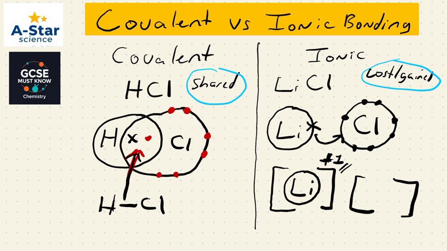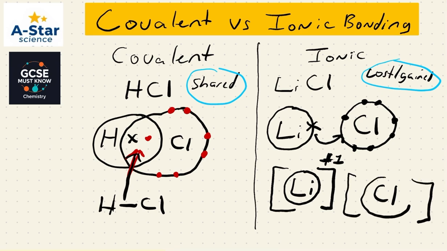So if we do the chlorine atom, or ion in this case, we put the brackets around it to show it's an ion, and we're going to draw that shell around with the electrons, 7 of them. I'm going to use a different color.